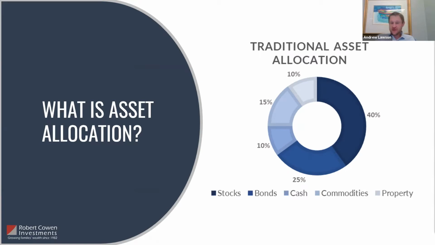We tend to look at invested assets, so we would typically exclude something like your residential property, because that's not really an investable asset, although it does have value from an asset perspective. But we tend to focus on the shares or equities in your portfolio, things like bonds or cash, bonds essentially being fixed income type investments, not equity related.